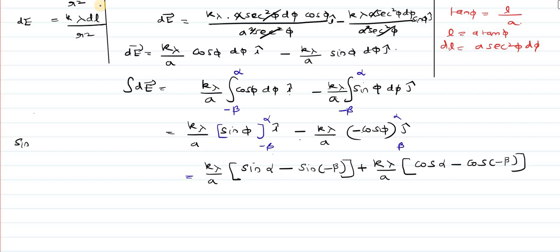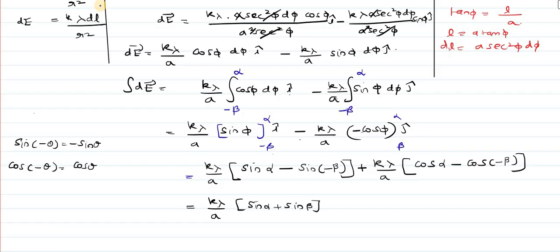We know that sin of minus theta is minus sin theta, and cos of minus theta is cos theta only. So the first term becomes K lambda by A (sin alpha plus sin beta) into i cap. I forgot to write i cap and j cap here. Plus K lambda by A (cos alpha minus cos beta) j cap. This is my E net.